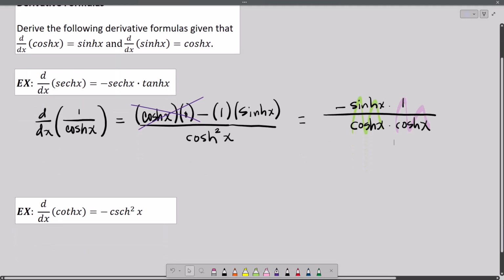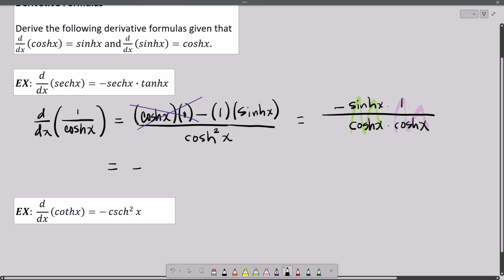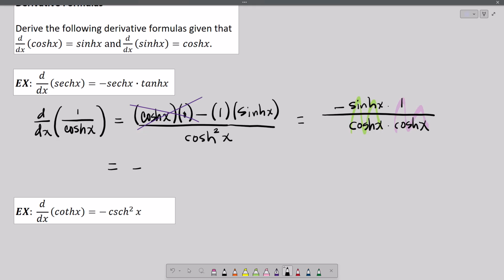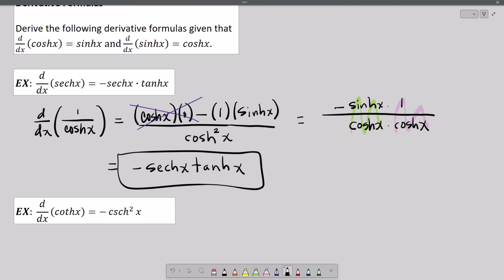So we end up with a minus, sinh over cosh is tanh. They write it in this order, so maybe I'll do this other one first. 1 divided by cosh is sech, hyperbolic secant. So sech, and then sinh over cosh is tanh. So that's how we would get to that derivative.